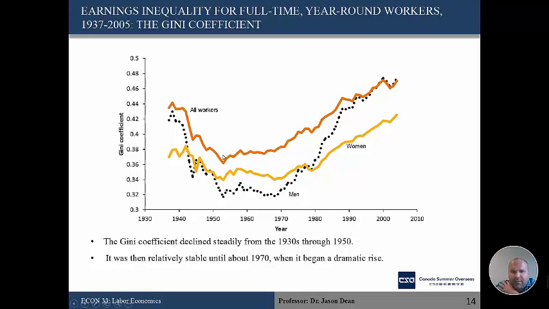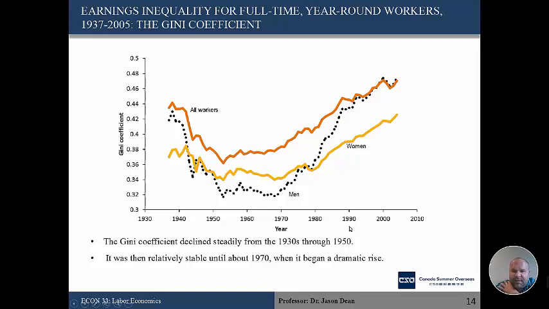That seemed to fall over the 40s and 50s, and roughly from the mid 50s or early 50s to the 70s, it was roughly constant, and then it has skyrocketed since.